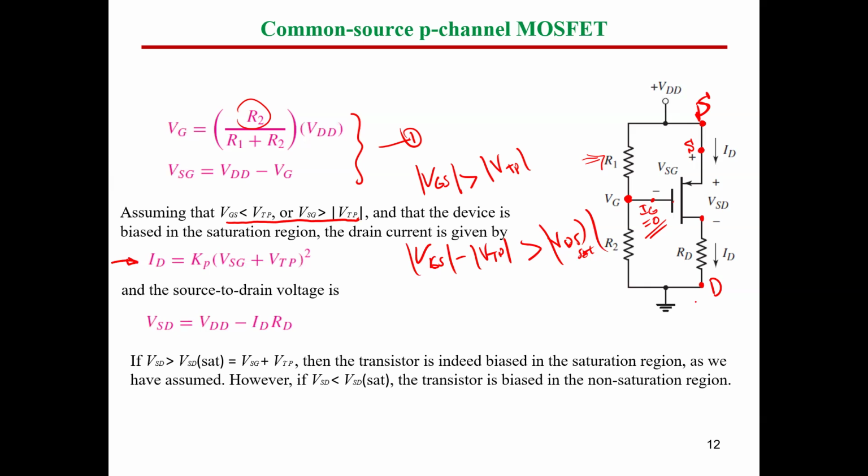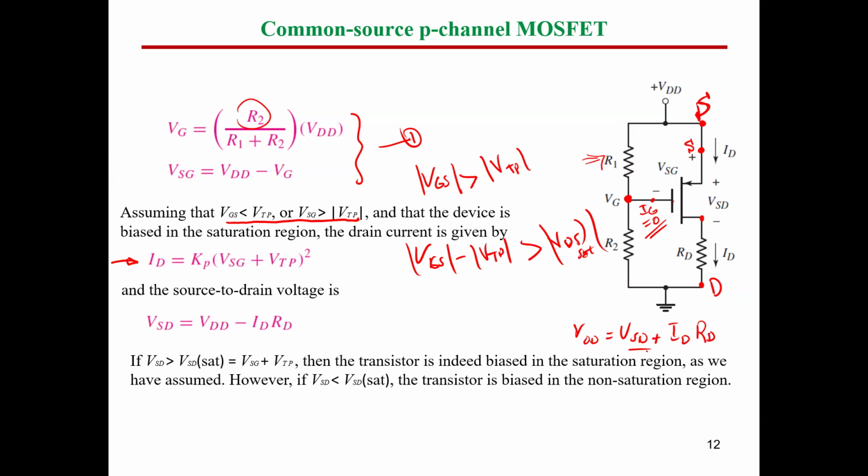According to the circuit relation here, guys, we can now say VDD equals VSD plus ID times RD.